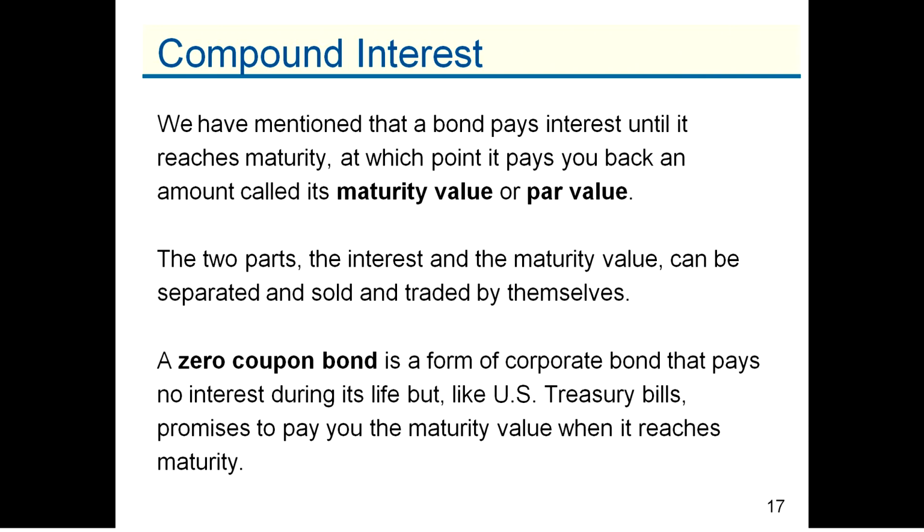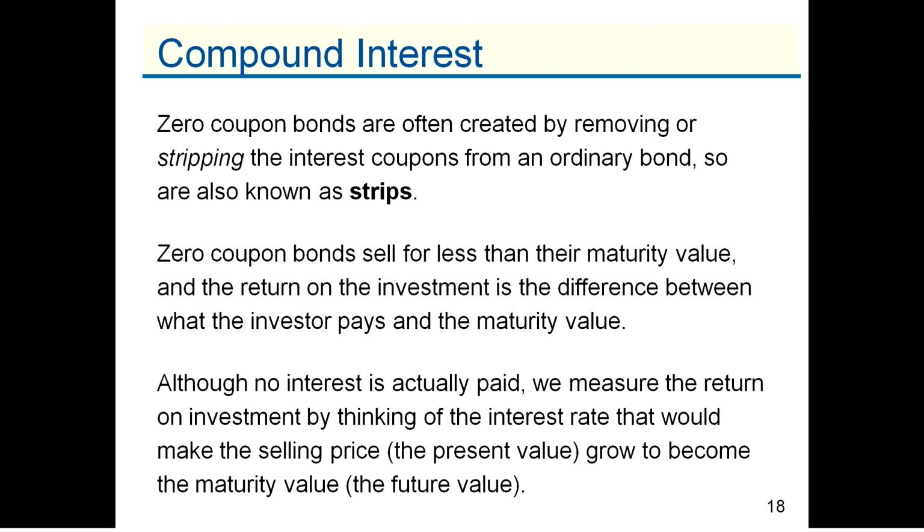A zero coupon bond is a form of a corporate bond that pays no interest during its life, but like the U.S. Treasury bills that we talked about with simple interest, they promise to pay you the maturity value when it reaches maturity. So zero coupon bonds are often created by removing or stripping the interest coupons from an ordinary bond. We also can call these strips.